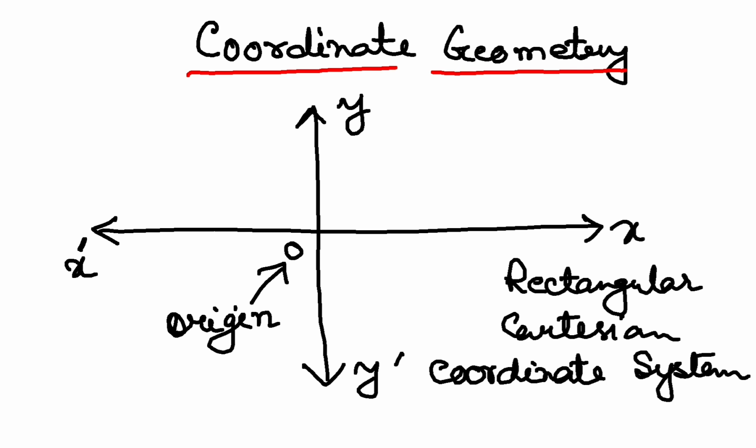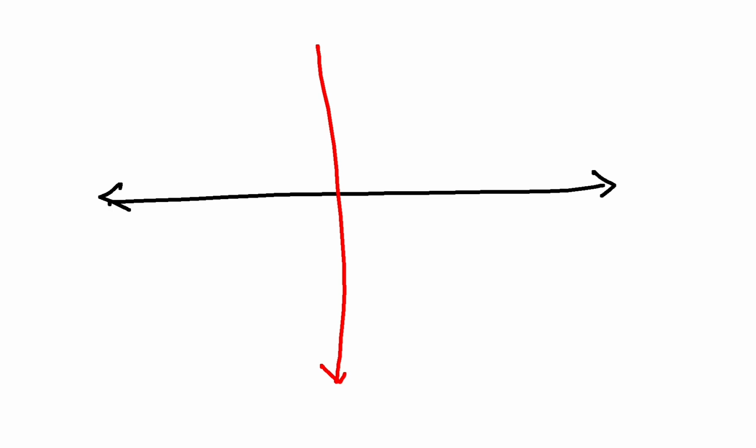Now as soon as you draw this system, the whole plane, so this is the screen over here, right? As soon as I draw this system, so let's say this is my x-axis and this is my y-axis, the whole area or whole screen has been divided into 4 parts, isn't it? All these 4 parts are called quadrants.